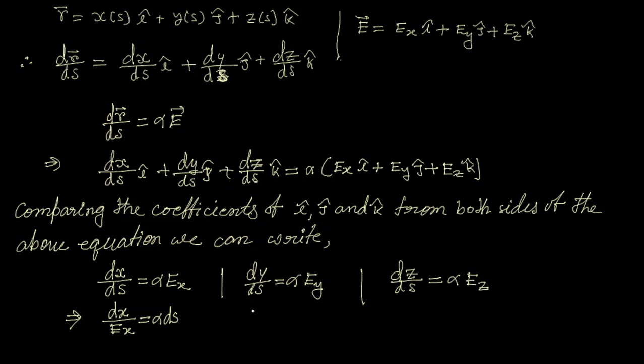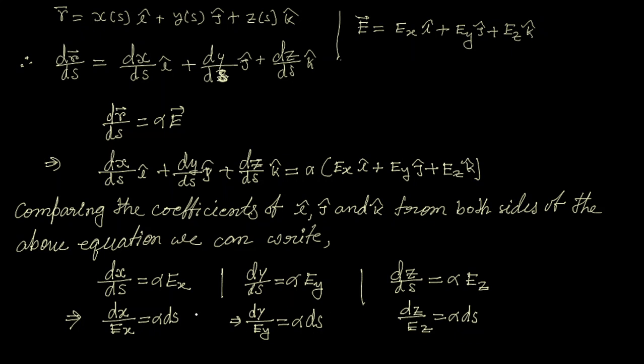In the same way, from the second equation we can write dy divided by Ey is equal to alpha into ds, and from the third equation dz divided by Ez is equal to alpha into ds.